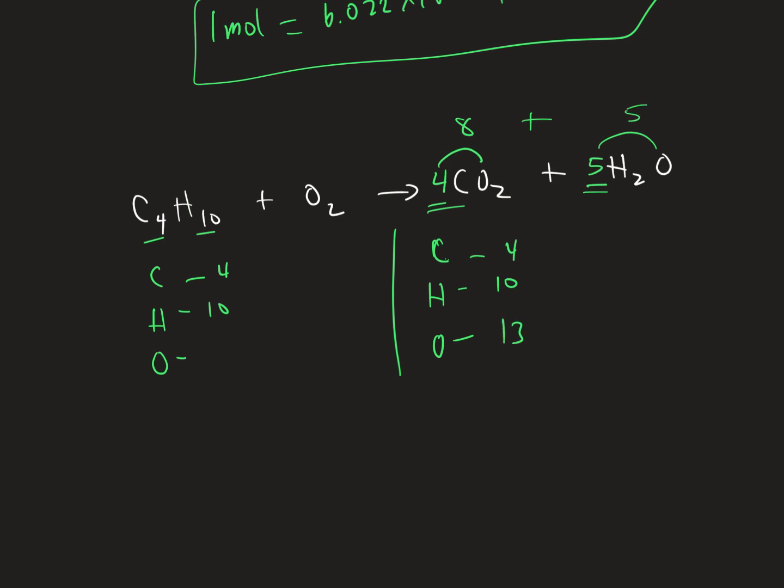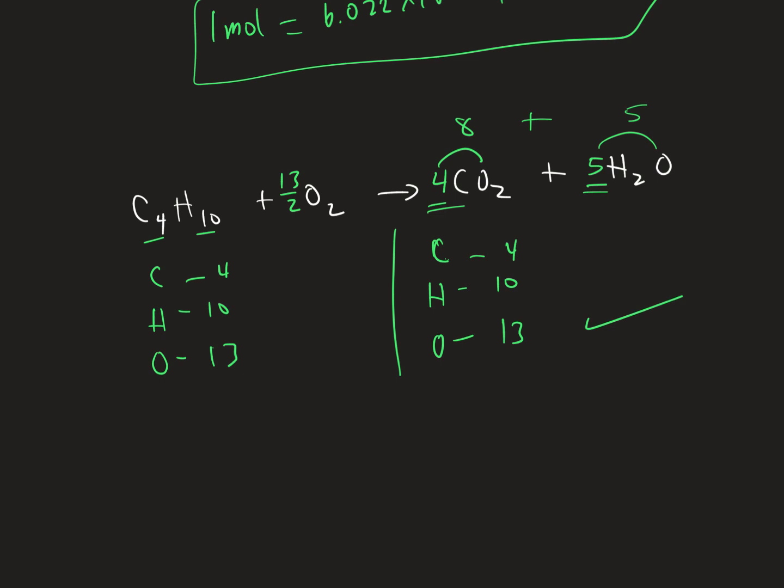What number times 2 is 13? A half number. 13 halves, or 6.5. 13 divided by 2 is going to give us 13 halves, right? Then 13 halves times 2, that's 13.